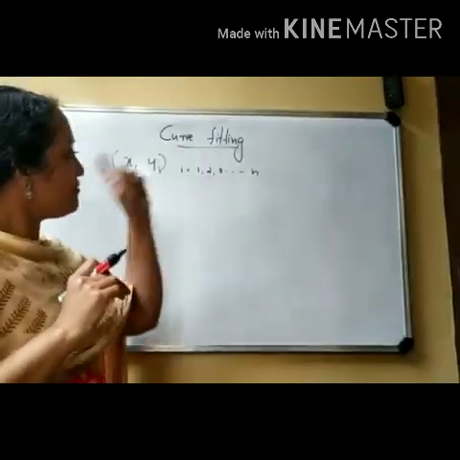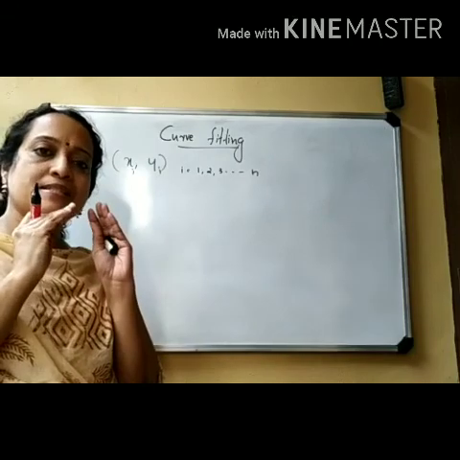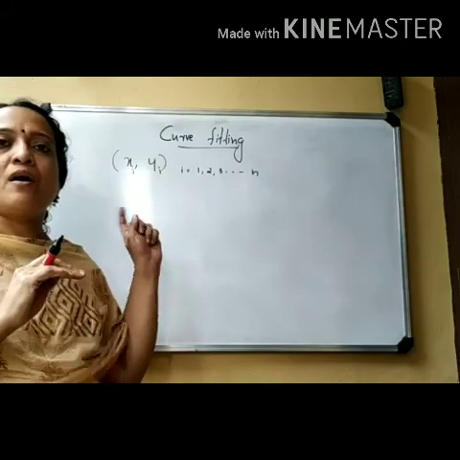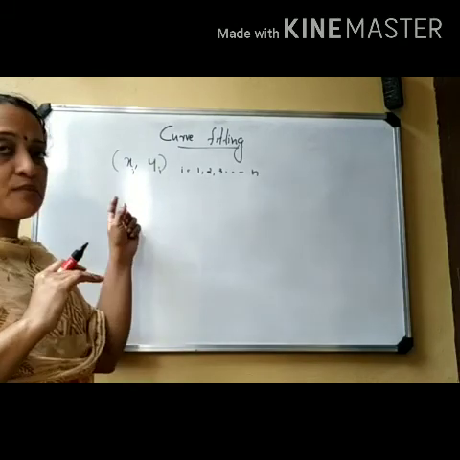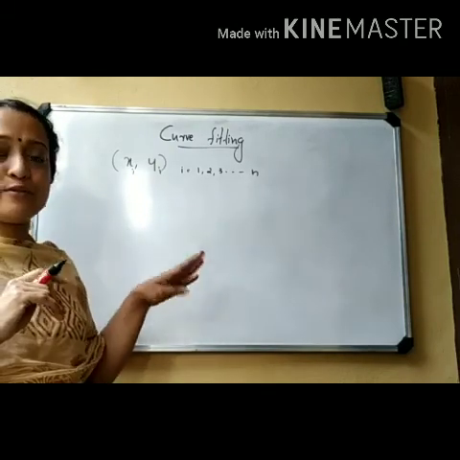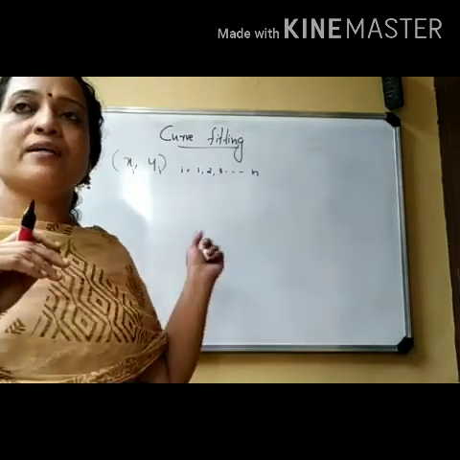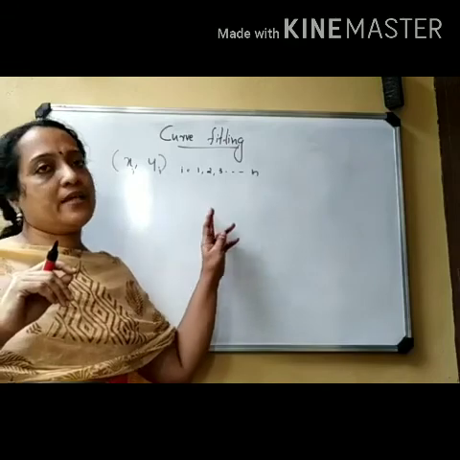Now in curve fitting, what we do is we will select a function which exactly matches or which fits best with the given values, so that we may calculate the y values for given or intermediate x values.